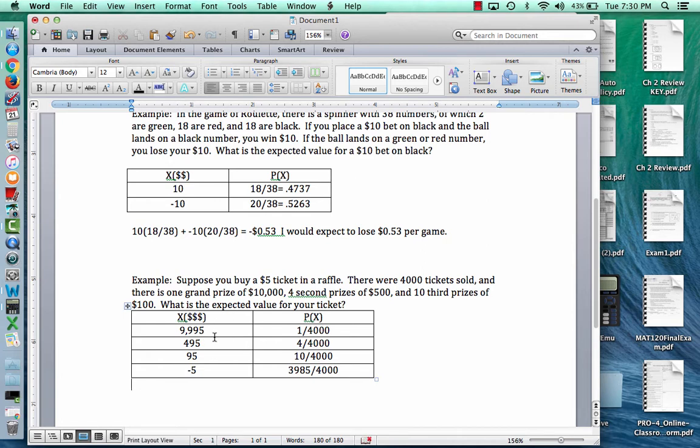So then once we have this set up, we take each outcome and multiply it by its probability.